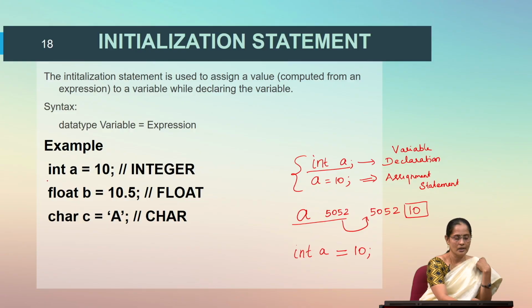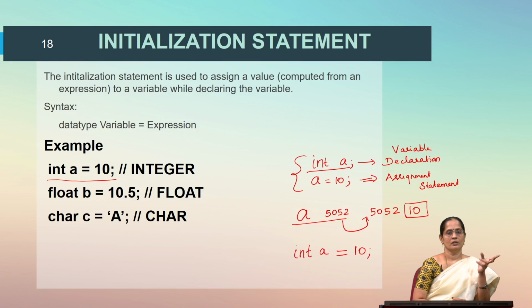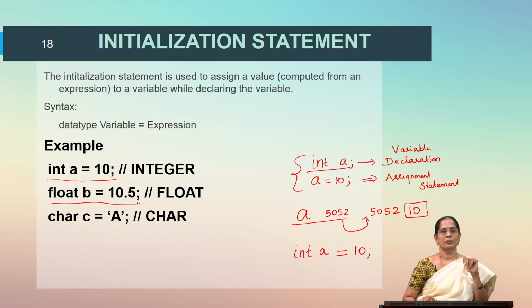So, here is the example we have taken earlier. int a equal to 10, we have merged the declaration and assigning value to the variable a. Similarly, here I have merged the two statements, declaring the float type variable and assigning value to that float type variable.